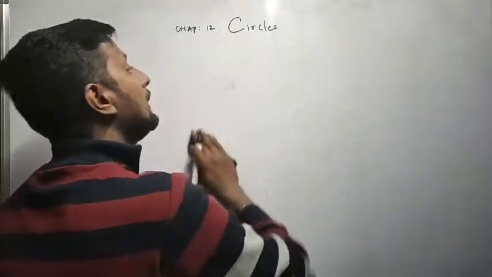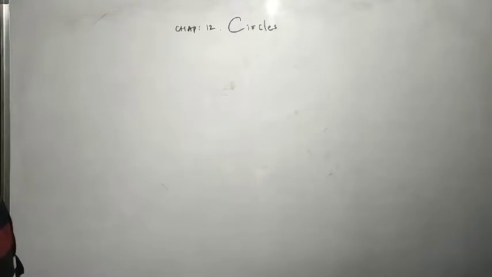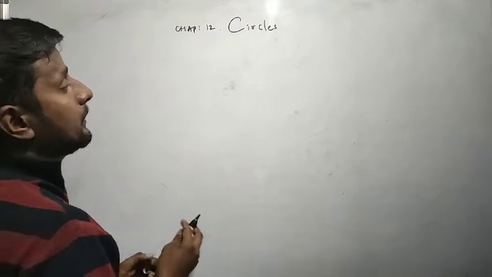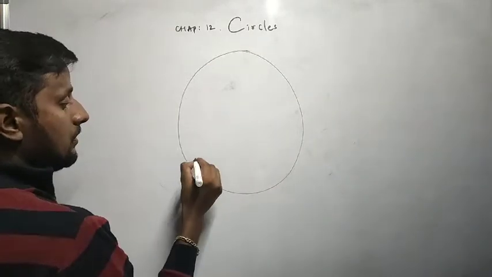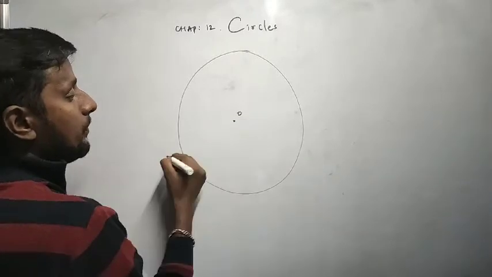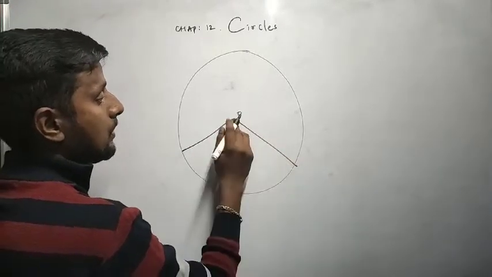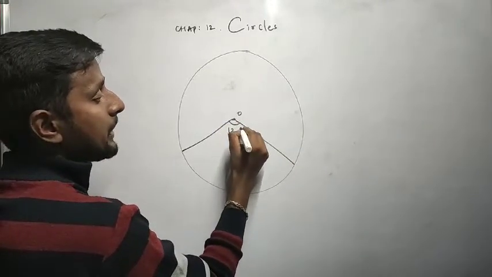Here, listen carefully. We are talking about the angle subtended by an arc at a point on the remaining part of the circle. With center O, the angle is 120 degrees.